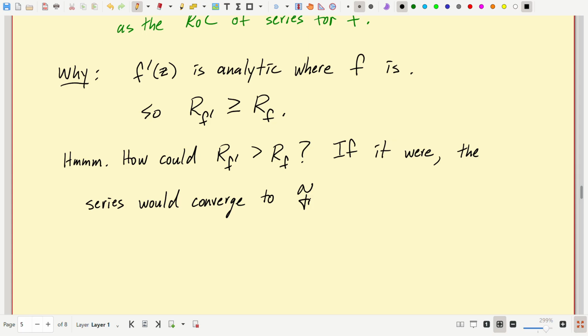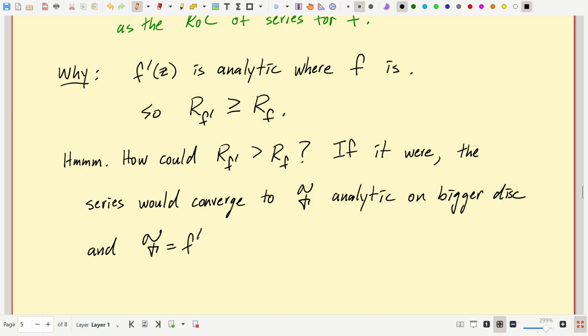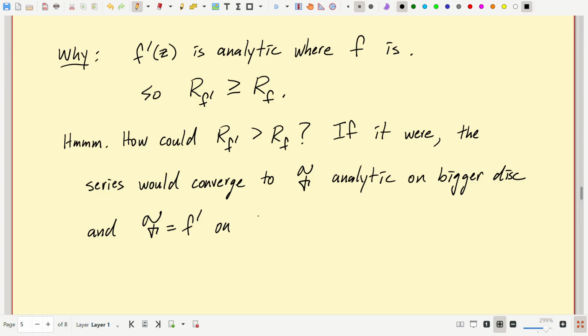The series would converge to screwy f, analytic on the bigger disk, and that screwy f would be equal to f prime on the disk of radius of convergence of little f.